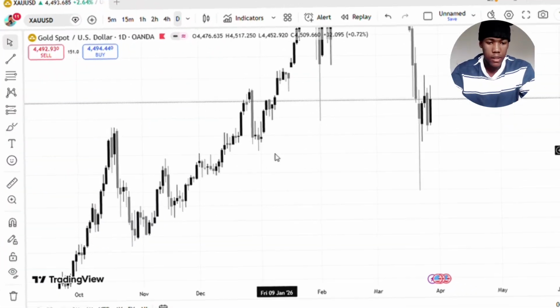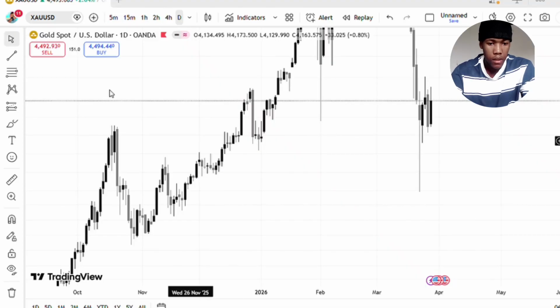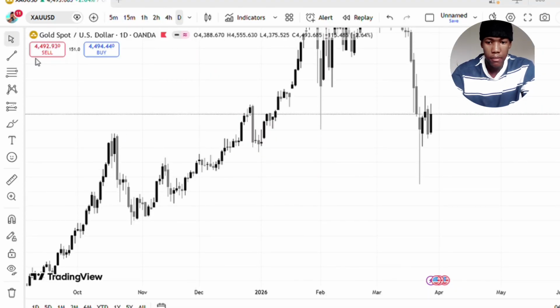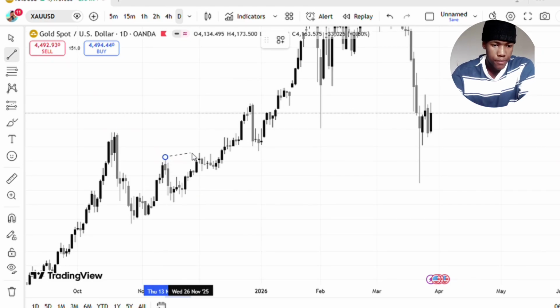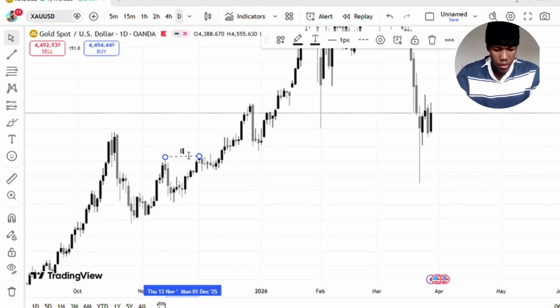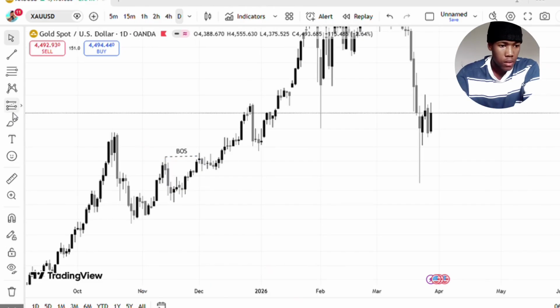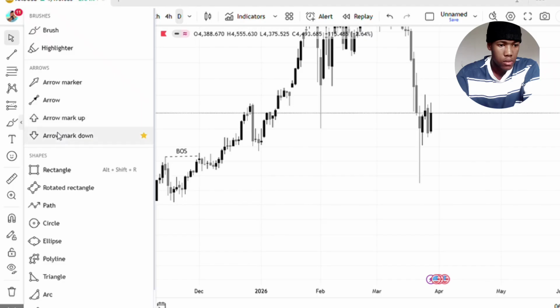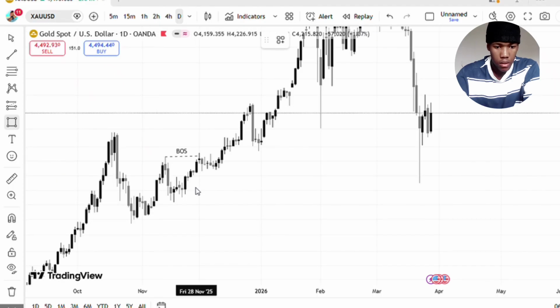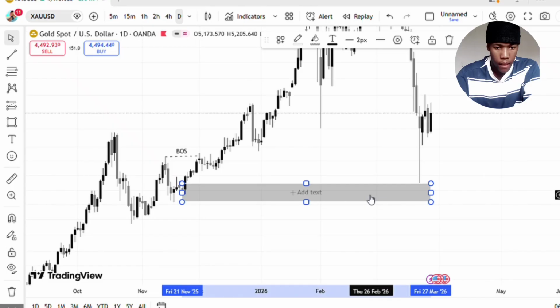Okay, so we're now on the daily time frame. So we're gonna mark our market structure to see where the market is reacting to. So I have this breakout structure here. Let's place a breakout structure, and I have this order block that the market reacted to.